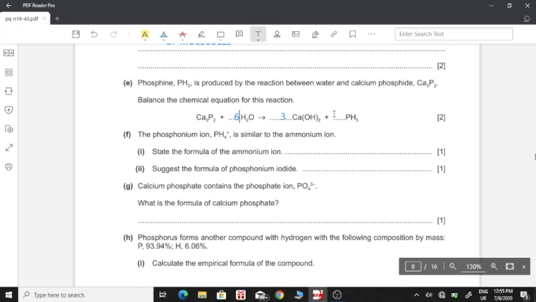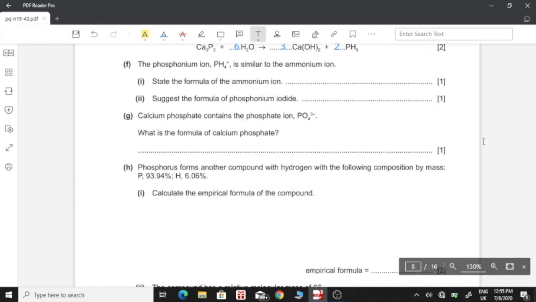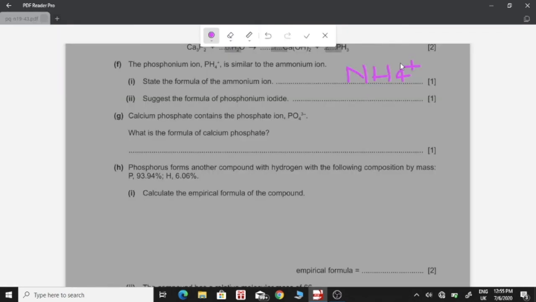Alright, moving on to part F. The phosphonium ion is similar to the ammonium ion. State the formula of the ammonium ion. This is quite simple, since the question itself says we have the same ion. So the ammonium ion is NH4+, just like the phosphonium ion. Suggest the formula of phosphonium iodide.